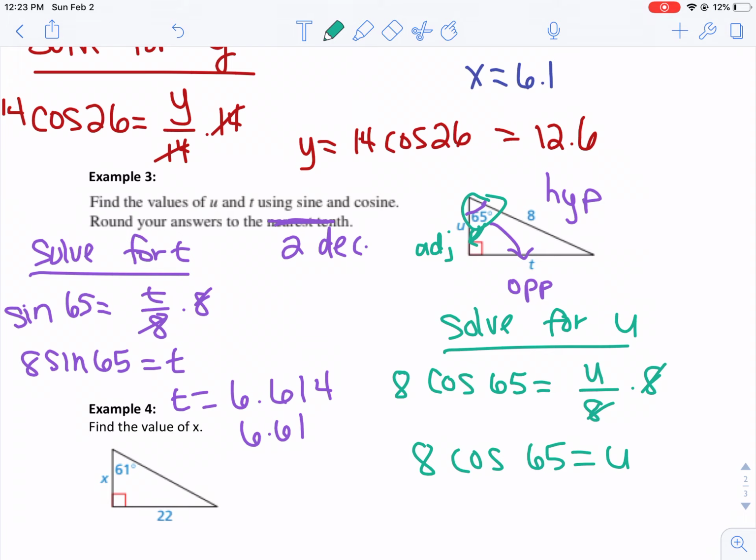I must have done something wrong, because it gave me a negative, and I shouldn't get a negative. Let me check.